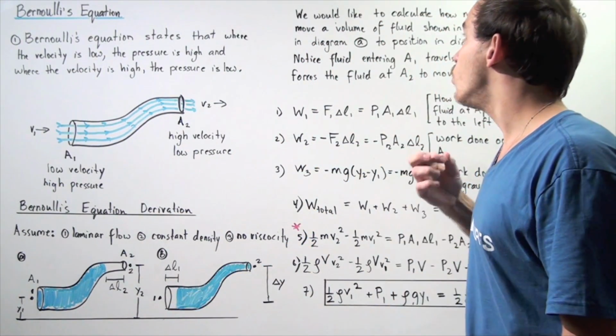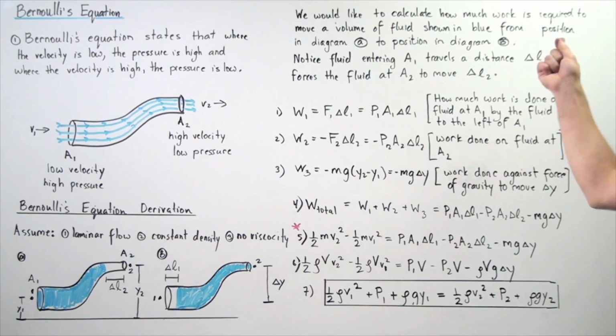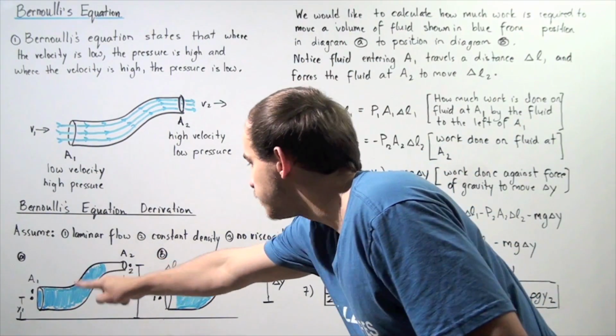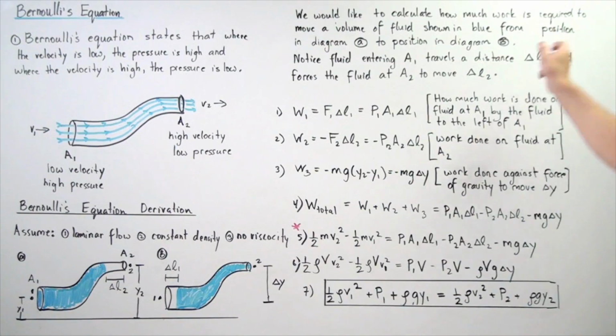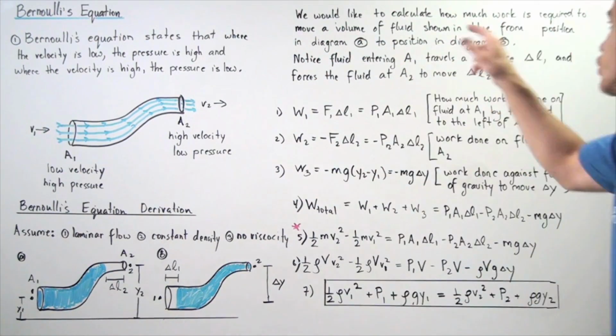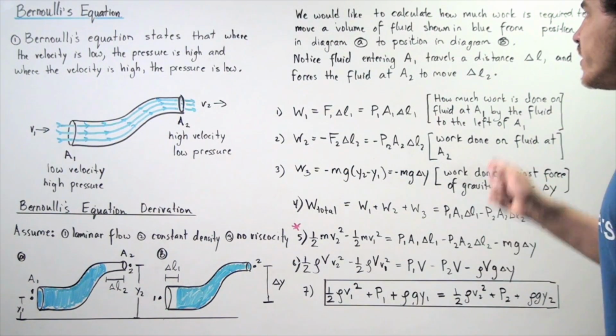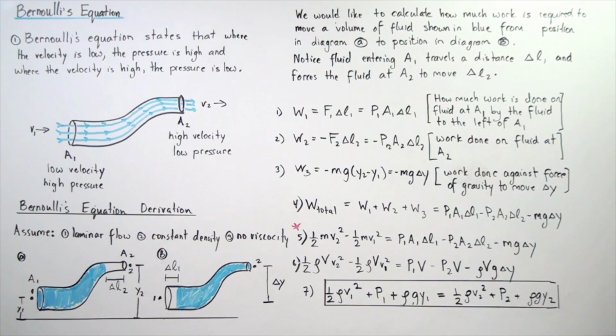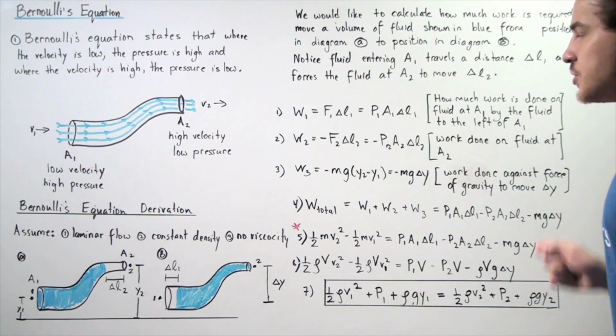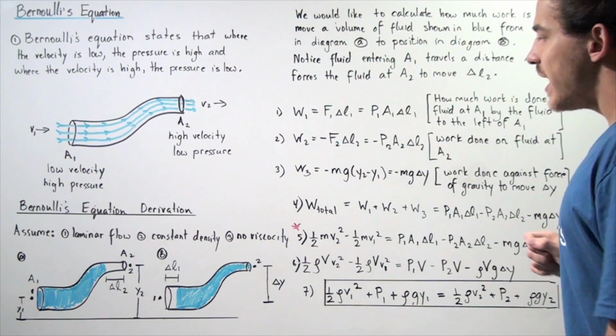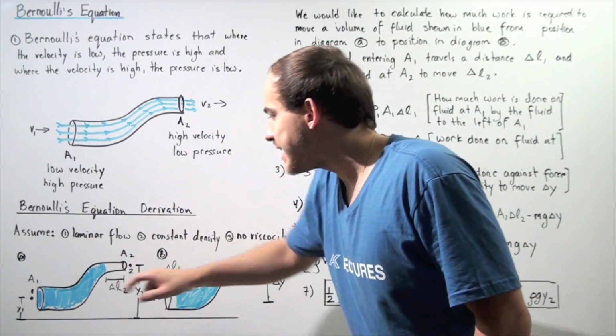So we basically want to calculate how much work is required to move a volume of fluid shown in blue, this blue volume, from position in diagram A to position in diagram B. Also notice fluid entering cross-sectional area A1 travels a distance of change in L1 and forces the fluid at cross-sectional area A2 to move a distance of change in L2.